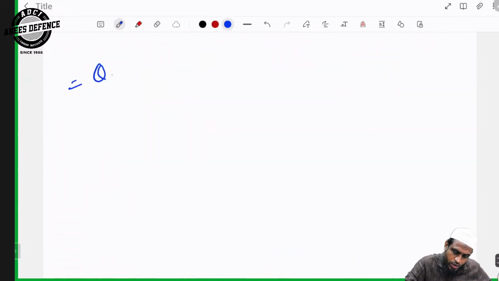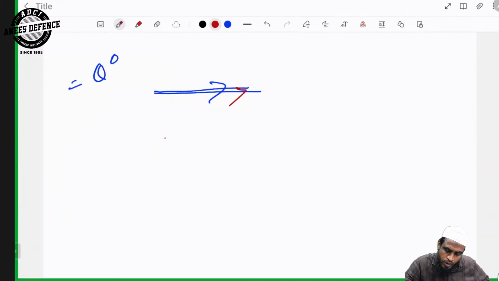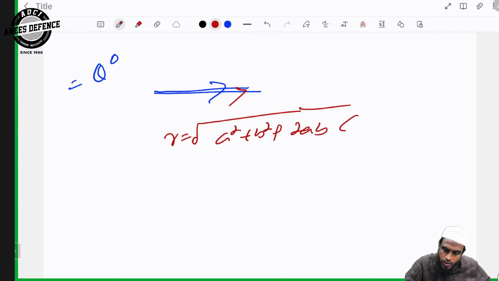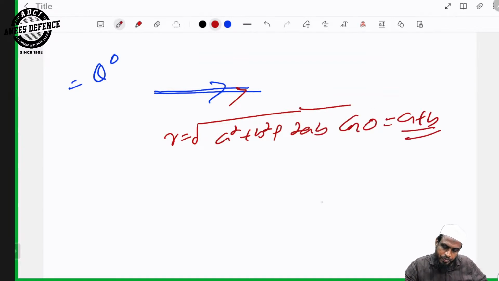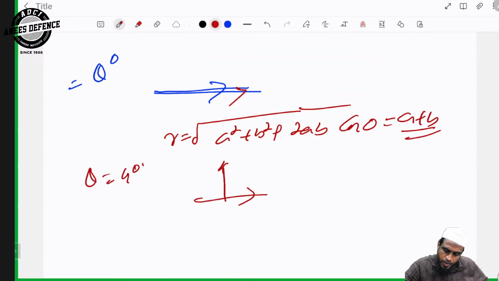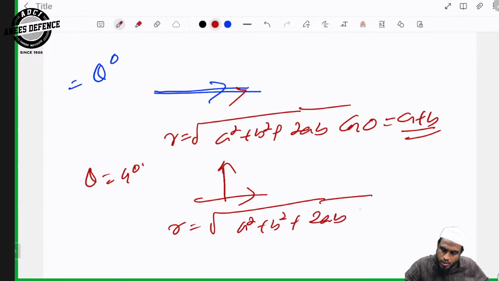If theta equal to 0 degree, R is equal to root of A square plus B square plus 2AB cos 0, which is 1, so you are getting A plus B. If theta equal to 90 degree, R is equal to root of A square plus B square plus 2AB cos 90. Cos 90 is 0, so you are getting root of A square plus B square.